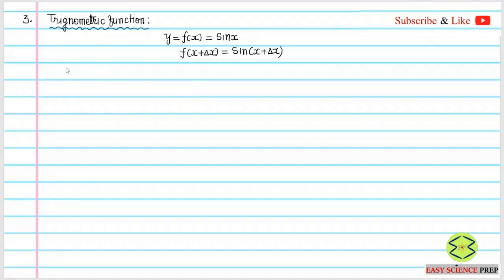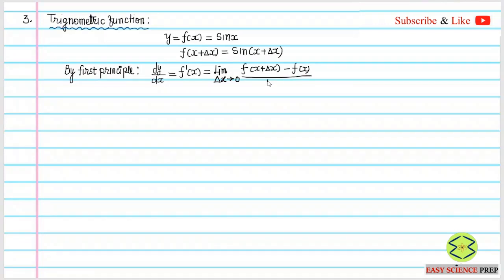By definition, or by first principle, f dash of x, the first derivative dy by dx, or the derivative of y with respect to x, is the limit delta x tends to 0 of f of x plus delta x minus f of x, divided by delta x, which can be simplified by substituting the values of f of x and f of x plus delta x.